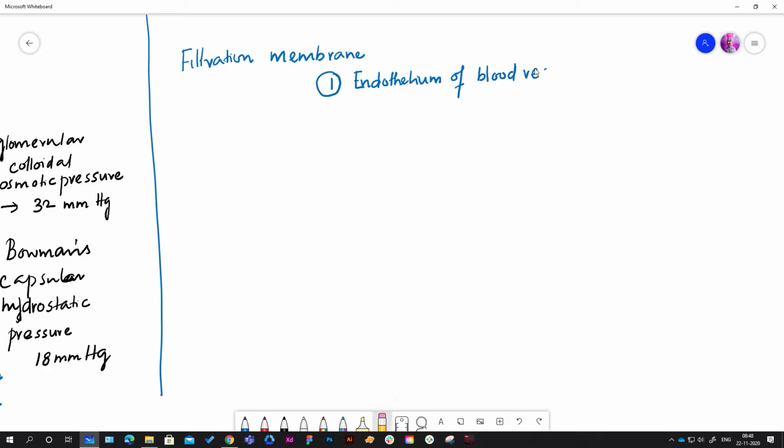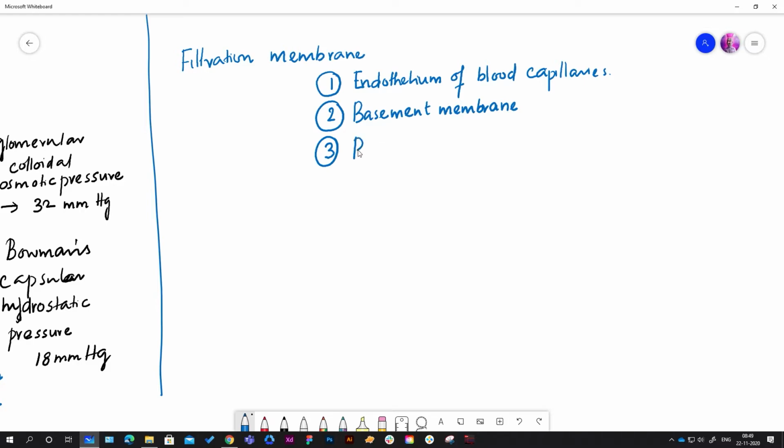Instead of writing blood vessels, I will write blood capillaries. Second one is the basement membrane. I will come back to the basement membrane again.